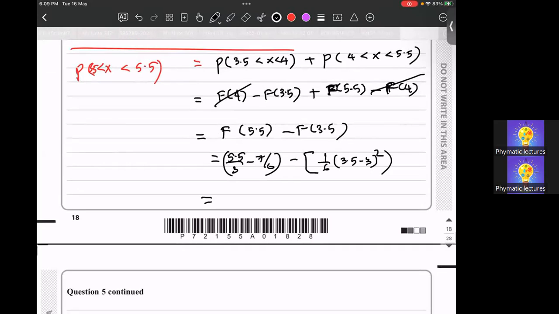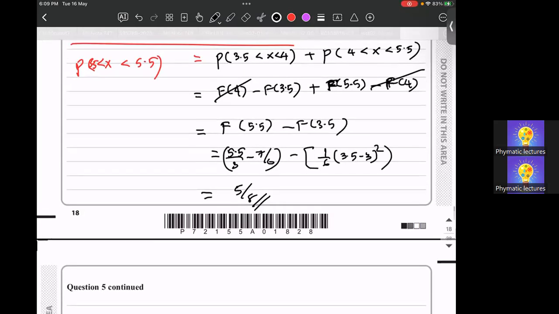So 5.5 divided by 3 minus 7 by 6, minus (3.5 minus 3, which is 0.5) whole square divided by 1 by 24. And that we will get as 5 by 8.